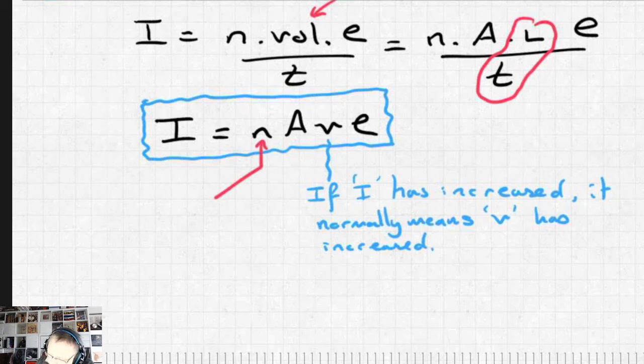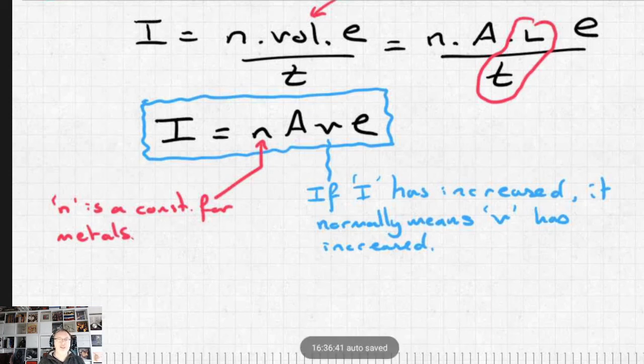The number density is a constant for metals. So if we're talking about copper wire in a circuit and someone was to say the current has just increased, why? The answer could be as simple as, well, I've increased the voltage, or I've decreased the resistance, or somehow a bit of both.